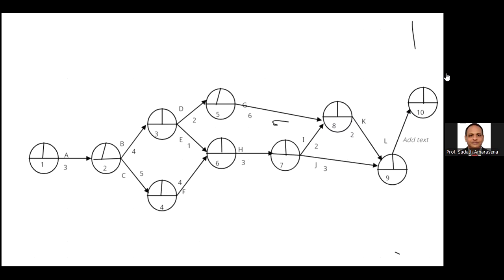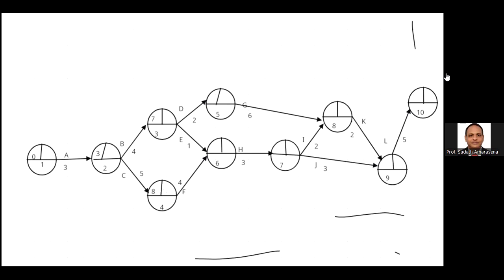Okay, now you can calculate the earliest starting time and latest completion time. Start from event number 1, 0. Plus 3, 3 plus 4, third event 7. 3 plus 5, fourth event 8.